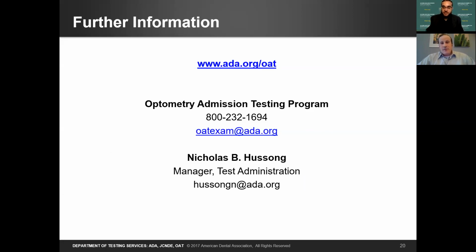There is. We offer fee waivers on a calendar year basis. Every year there is a limited number of fee waivers available. The request form is posted to the OAT website under Apply to Take the Test, generally in the middle of December. So December 15th, the request form will be posted on the website. It explains the different documentation that we would be looking for when you make that request.